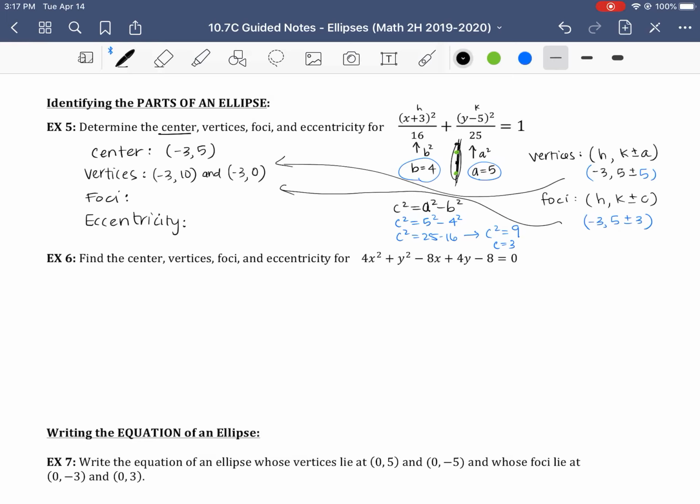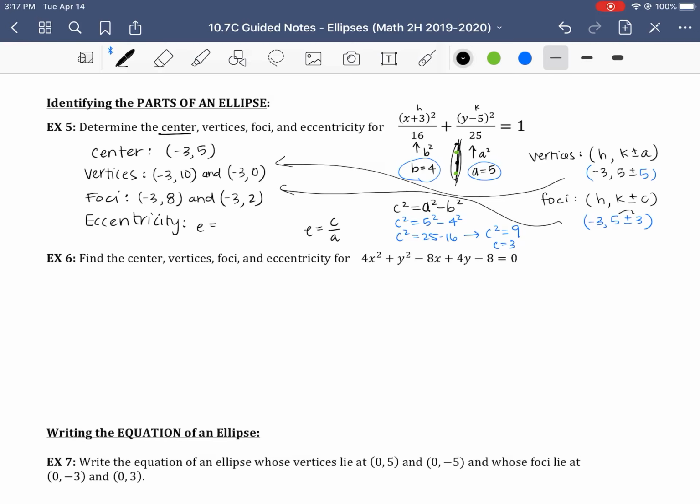So again, I'm going to write this over here, where my answers are, and I'm going to have -3, then we're going to do the 5 plus 3 to get 8. And we will do -3 comma, then we're going to use the subtraction sign, so 5 minus 3 would give me 2.